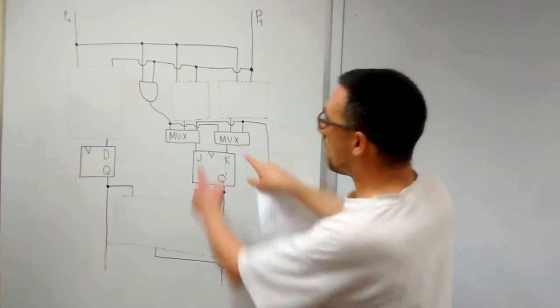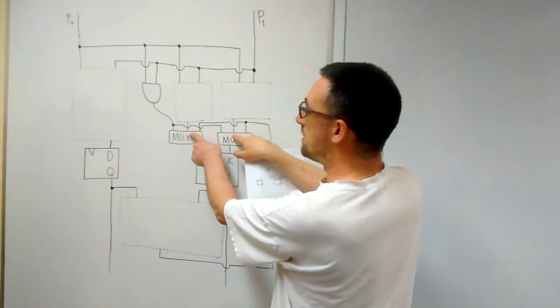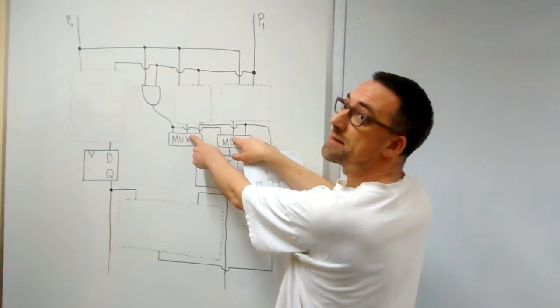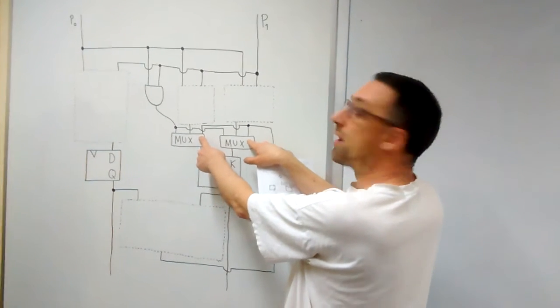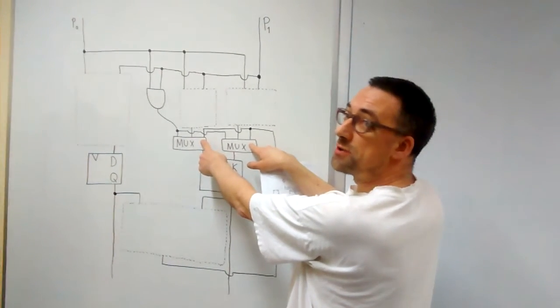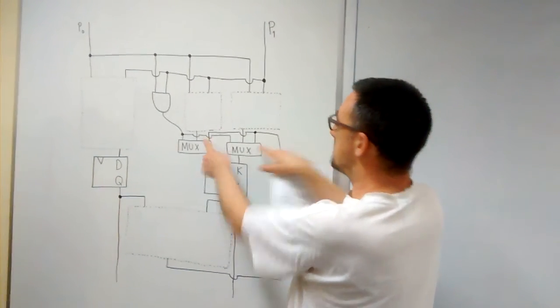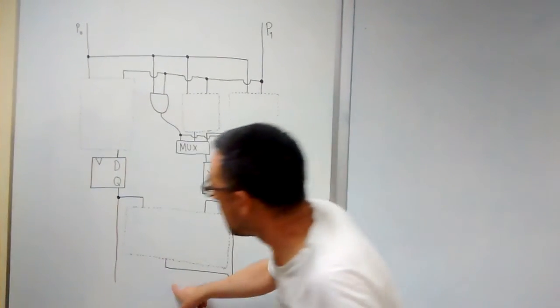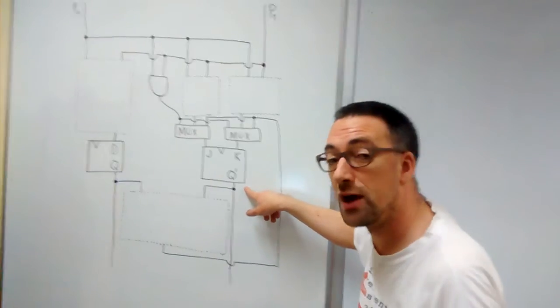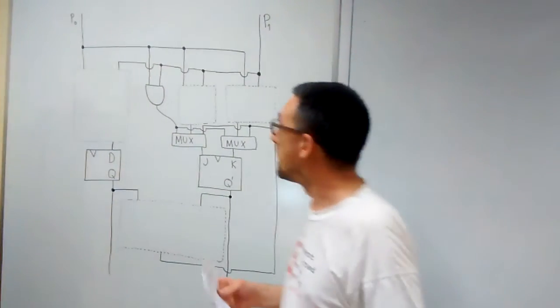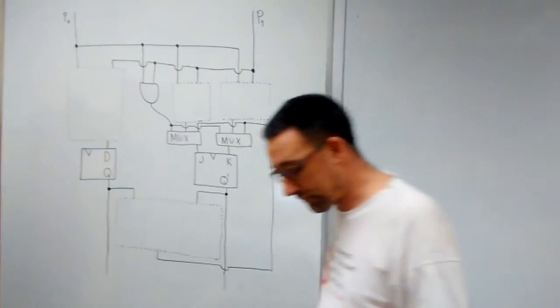So here, on these two mux inputs, we get the J and K signals if there's no competition, and on these two mux inputs, we get the logic for resolving a dispute, and that depends on whether anyone is currently printing, and if so, who had the last go, exactly as the description suggested.